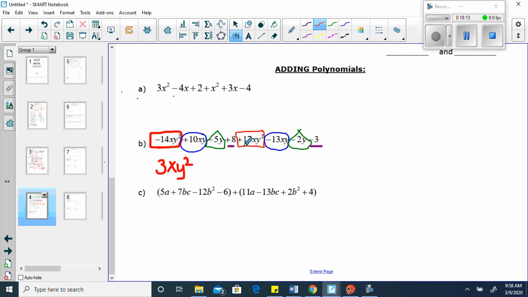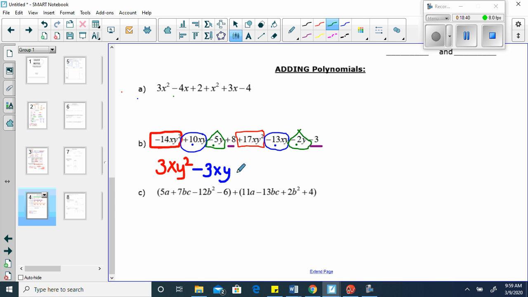Questions on that? All right, then my next thing I did was my circles, so I'm going to combine those, and I'm just going to look at the coefficients. 10 and negative 13. What is 10 minus 13? Okay, so I have a negative 3, and I'm just going to write xy, the variables associated with my circle. Next, I'm going to come to my triangle. I have negative 5 and negative 2.